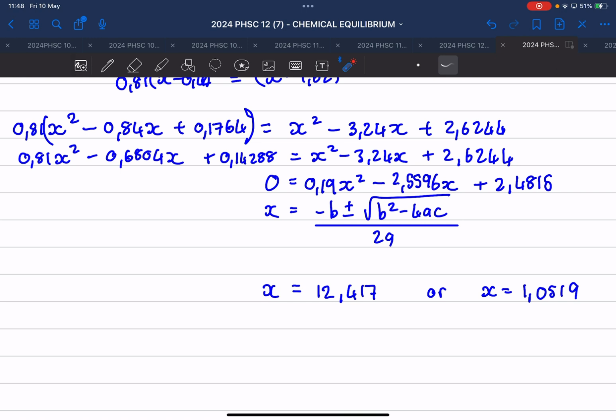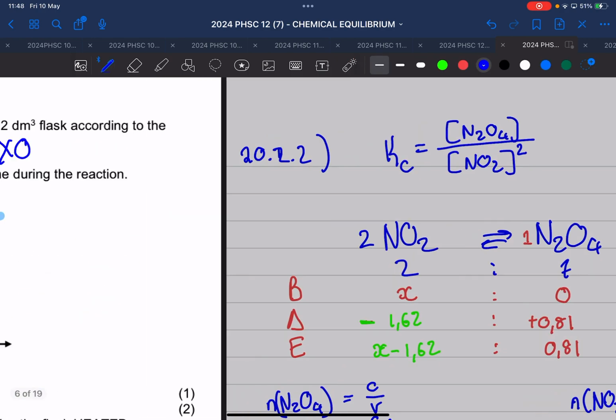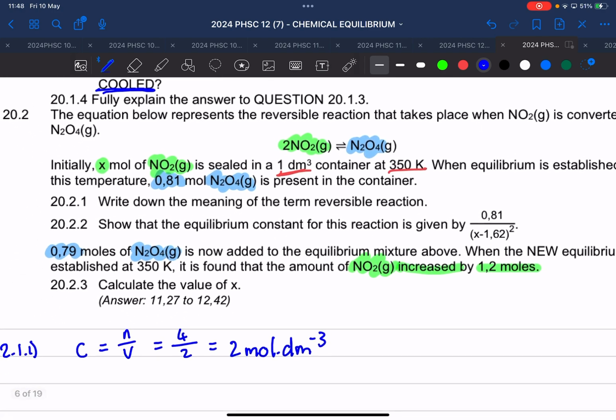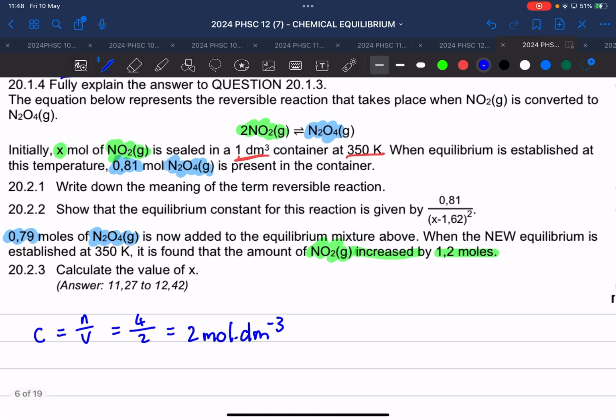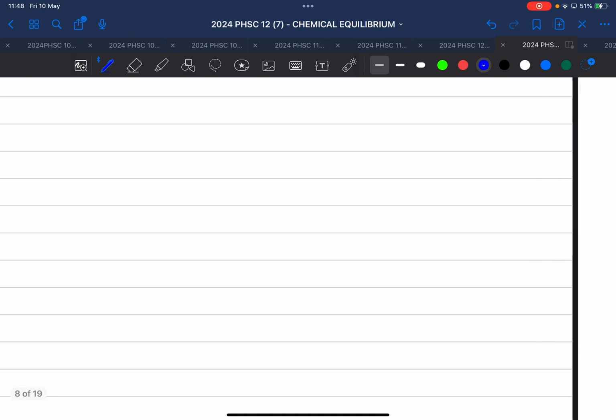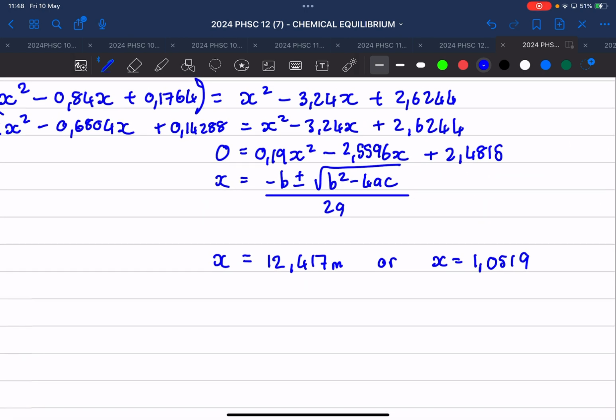It's either 12 or 1.05. So first of all, what is x? What is our unit? It's mole. So it's either 12 mole or 1 mole.